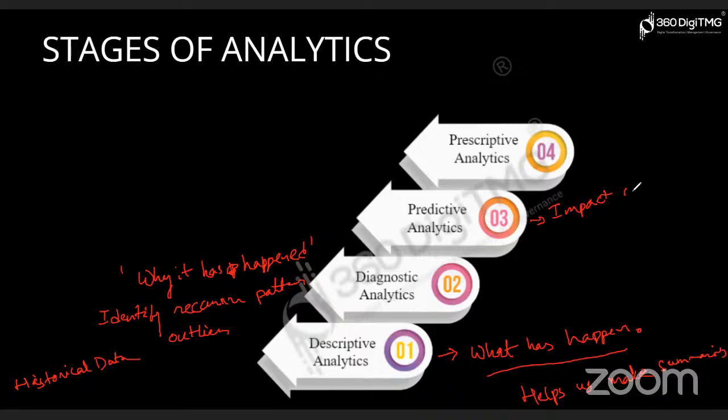We check the impact of the reason on the future, and how this reason changes in the future. We'll also try to find out the changes this reason might go through in the future.